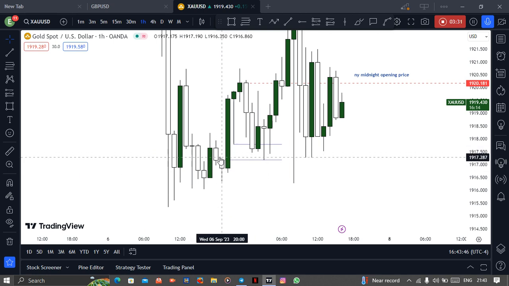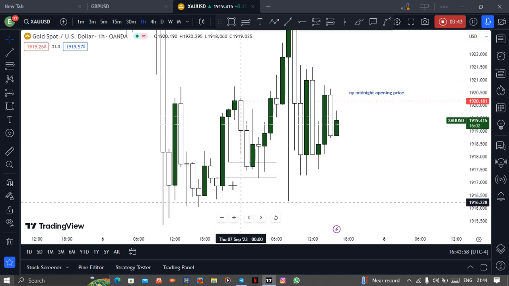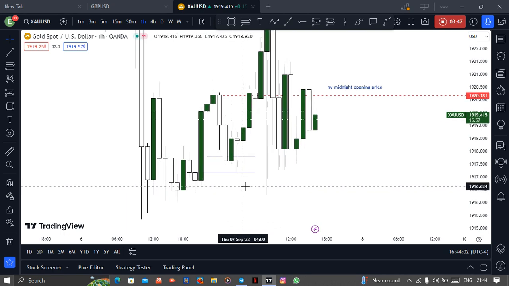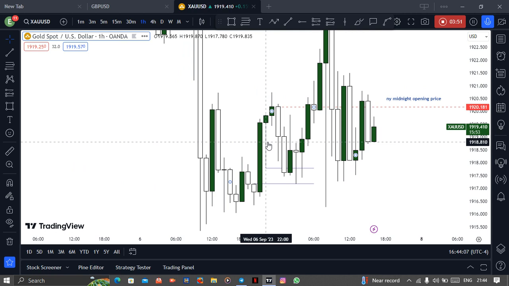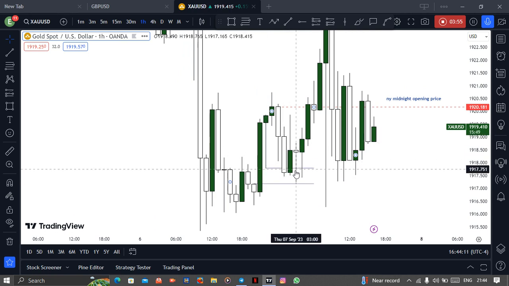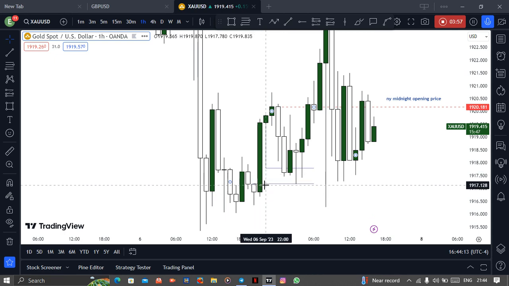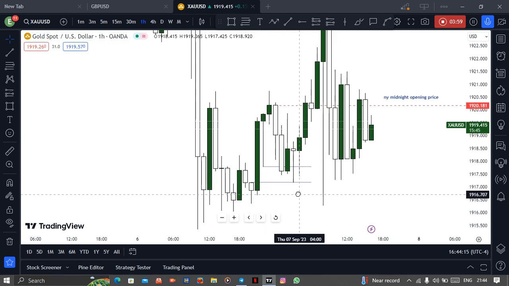Now this is an order block, but I will be using this particular one, this single candle here. You know, for ICT students, we can use both these two candles here as our bullish order block, but I prefer the single candle because it gives me a tighter stop loss. So the moment I saw this, the market was right around here and it was kind of consolidating and respecting this fair value gap. It never went below it.